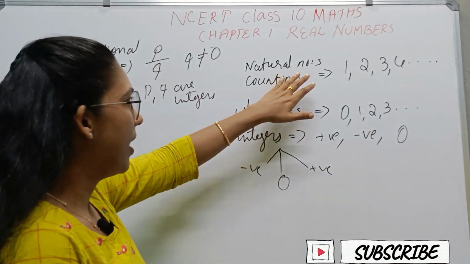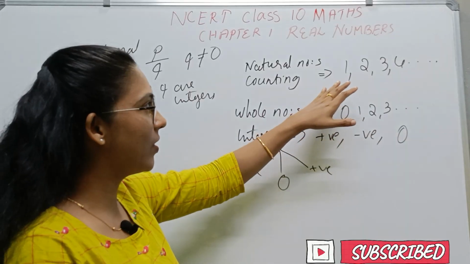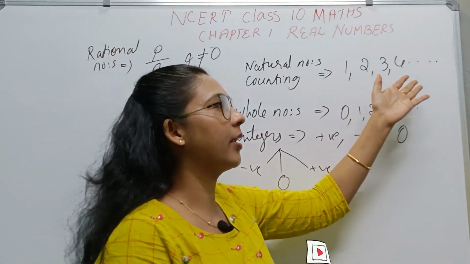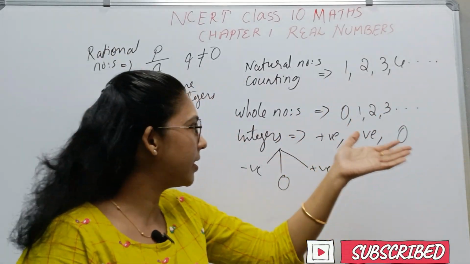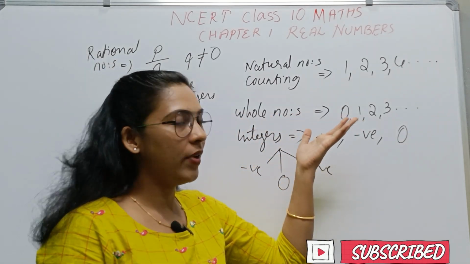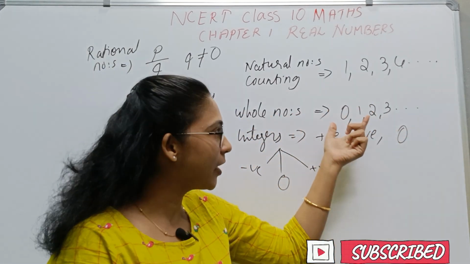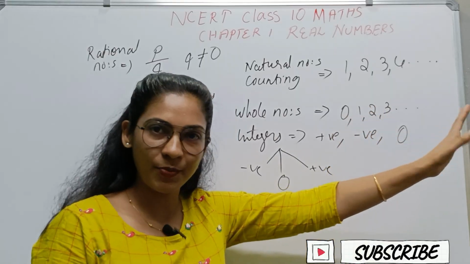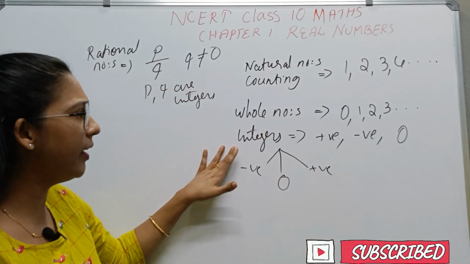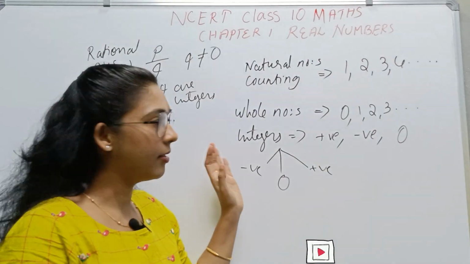So first one is natural numbers or counting numbers, which is said to be 1, 2, 3, 4, etc. up to infinity. And whole numbers, if we add 0 with the natural numbers, then it is said to be whole numbers. That is 0, 1, 2, 3, etc. up to infinity. Okay. Then next is integers.